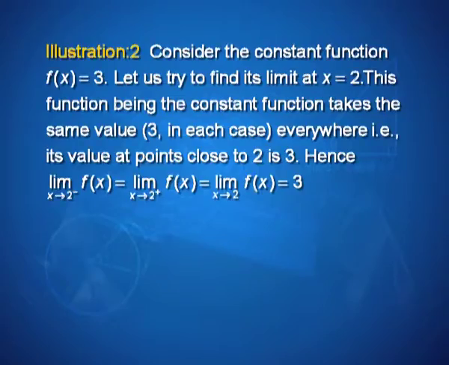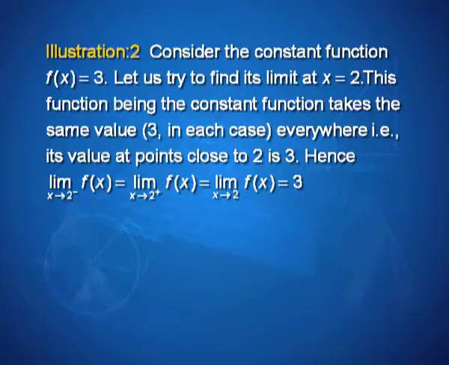Let us see another illustration here. Consider the constant function f of x is equal to 3. Let us try to find its limit at x is equal to 2. This function, being the constant function, takes the same value, that is 3, everywhere, that is its value at points close to 2 is 3.